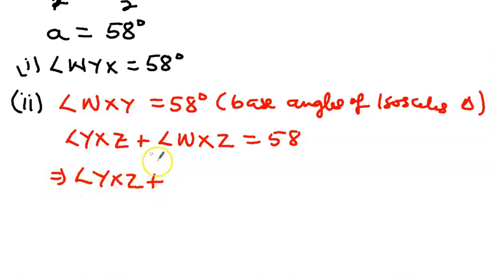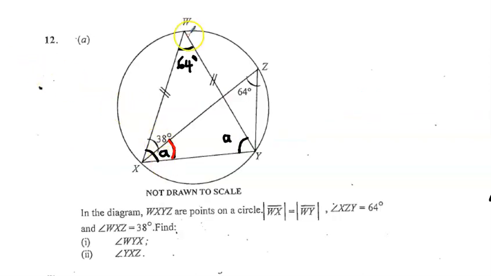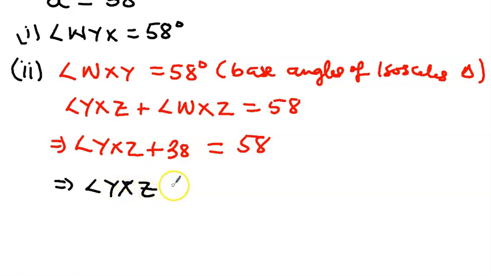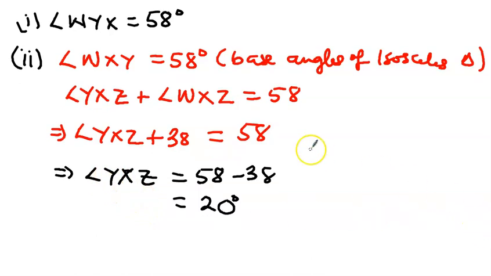From the diagram, angle WXZ is 38. So YXZ plus 38 is equal to 58. So angle YXZ will be 58 minus 38, which is 20 degrees. So that is the first part.